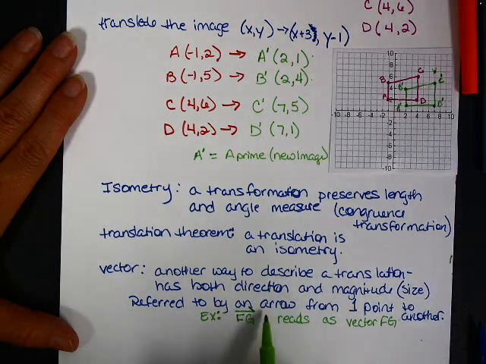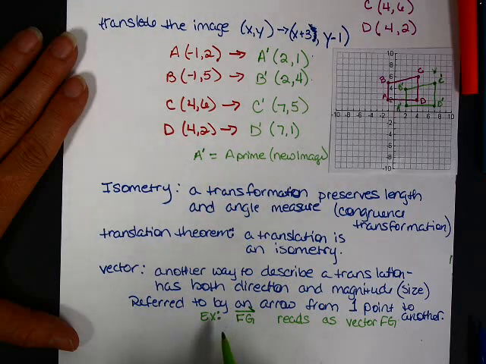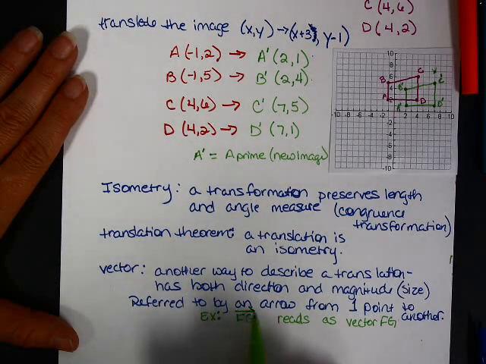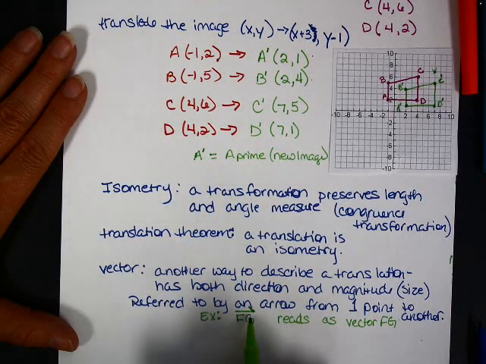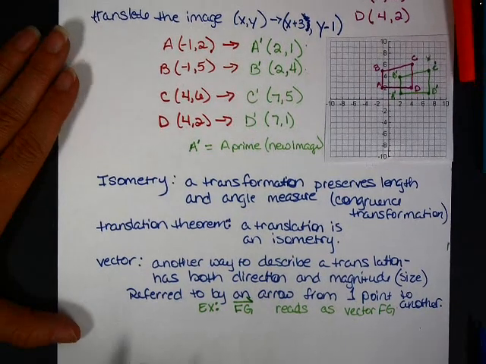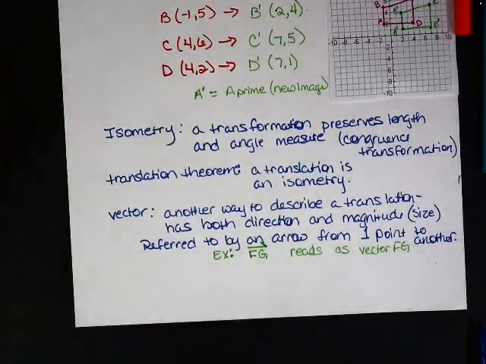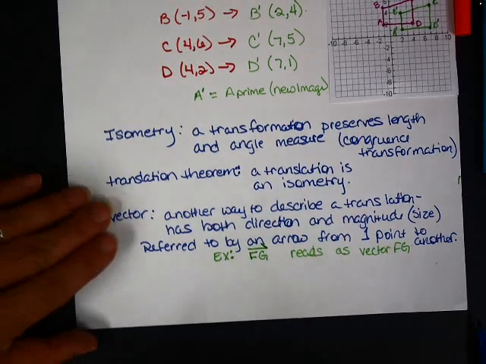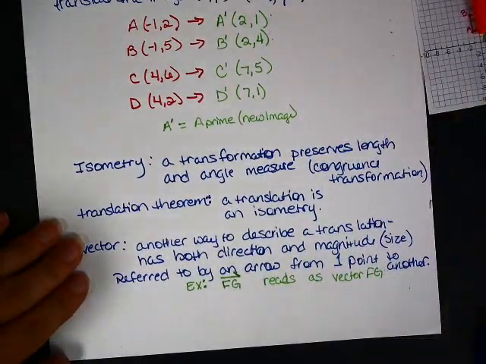You know, we've had ray, line segment, all these different little markings on top. This one represents vector. Now, I'm going to draw a picture, but I want to flip this over because I'm going to need a little bit more room. So I'm going to flip this over on the back side and draw this out.